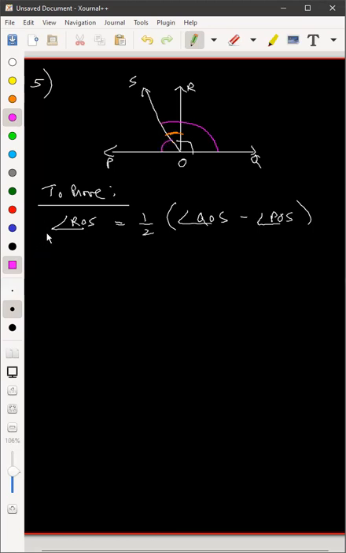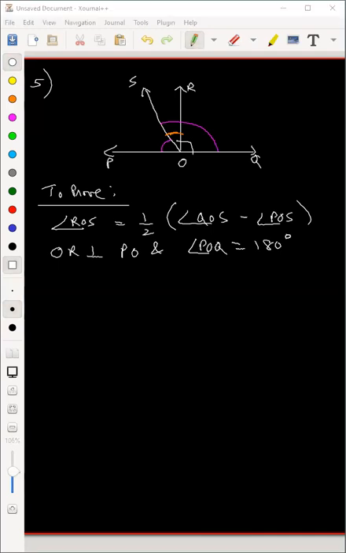Correct? Now we need to find some relationship between that. So we are given that OR is perpendicular to PQ and angle POQ is equal to 180 degrees. That's given to us already.